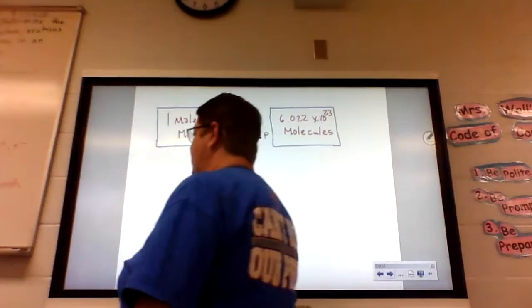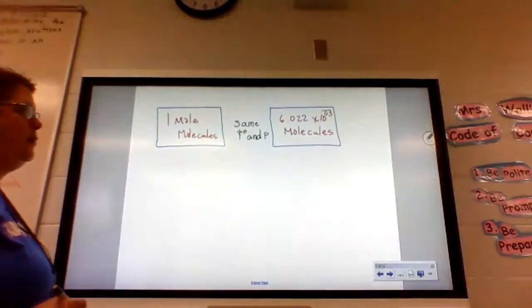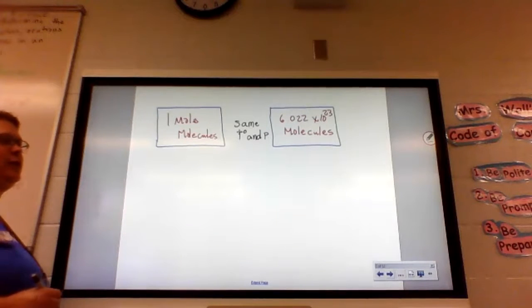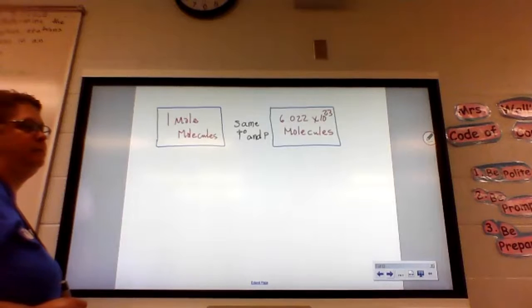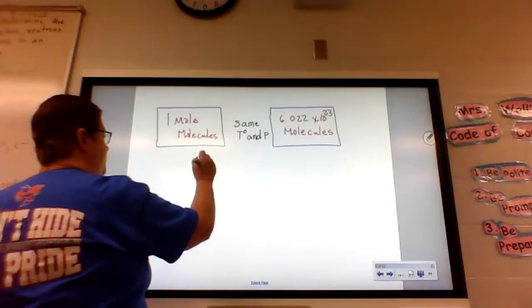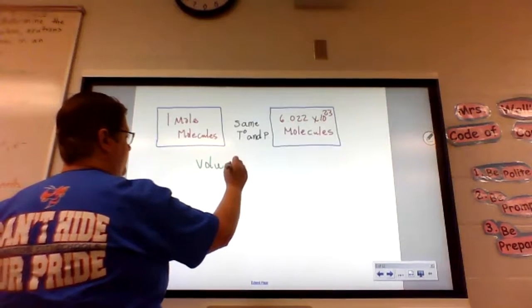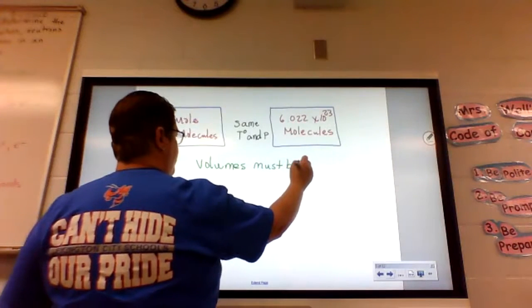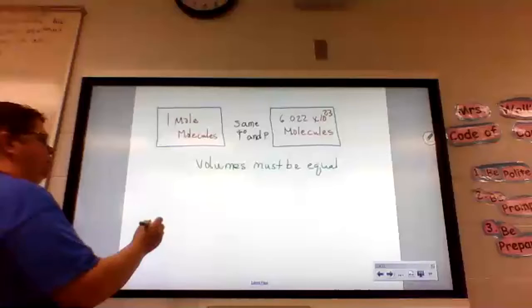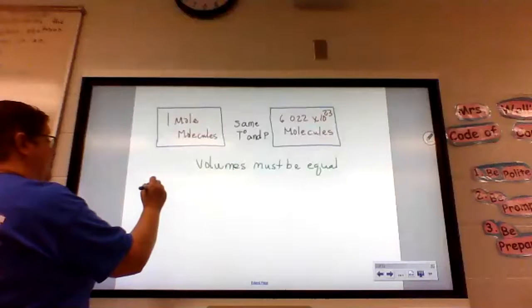So if we go backwards and we say we have the same number of molecules, according to Avogadro, what do we know about the volumes? They're the same. That's right. So the volumes must be equal. We gotta remember this number too. It's on the orange reference sheet.